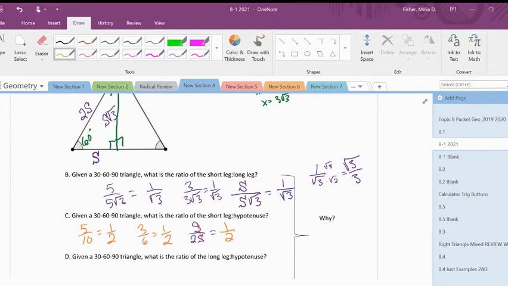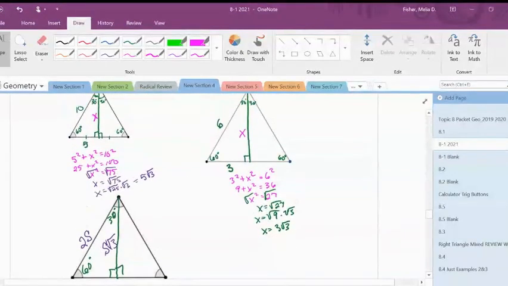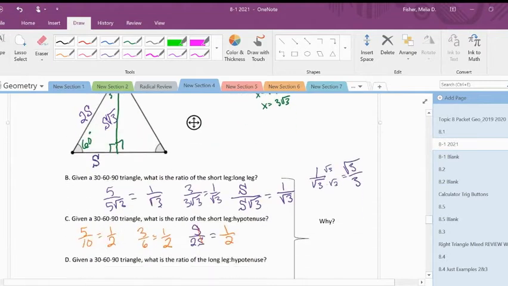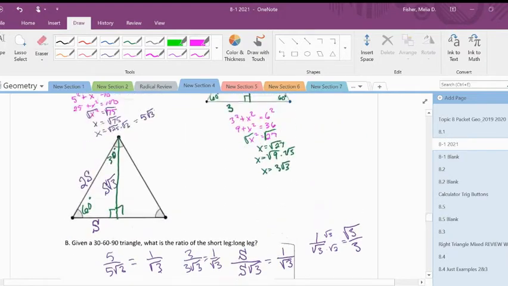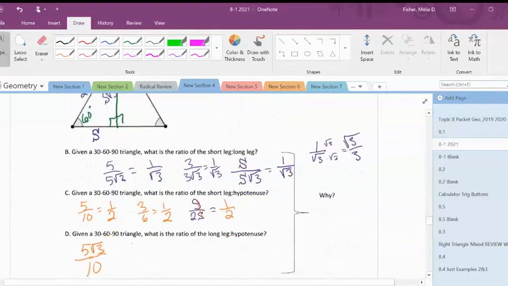Given a 30, 60, 90 triangle, what is the ratio of the long leg to the hypotenuse? So the long leg over the hypotenuse. Our long leg was 5 square root 3 over 10. We had 3 square root 3 over 6. So this reduces to 1 square root 3, which is just the square root of 3 over 2.